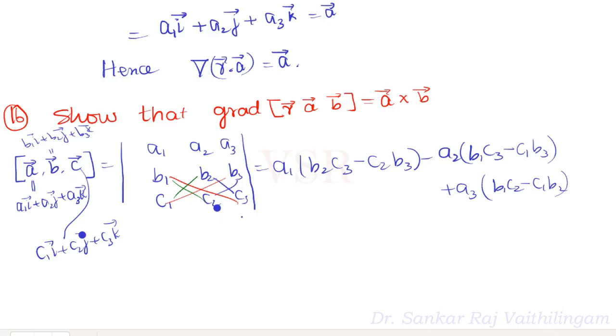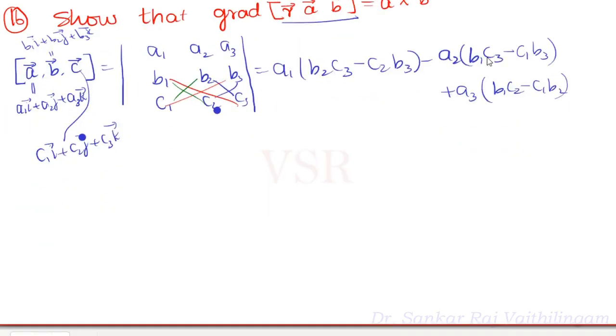Now I will take it like this. R vector is the position vector, X i vector plus Y j vector plus Z k vector.